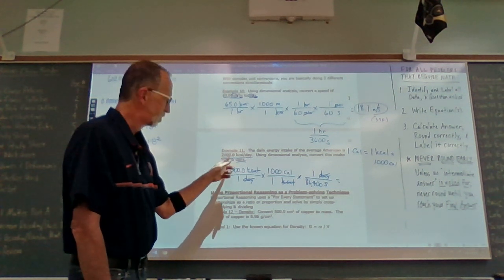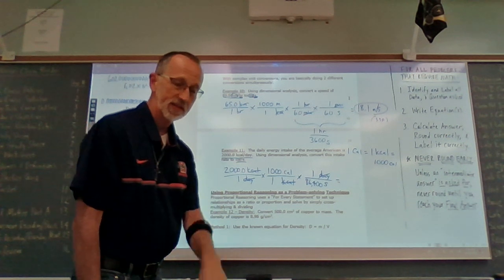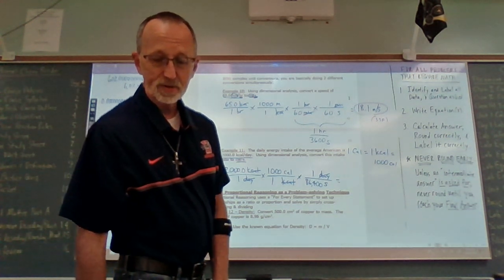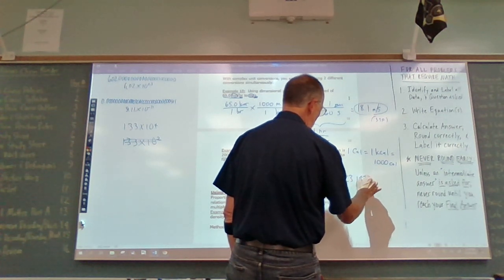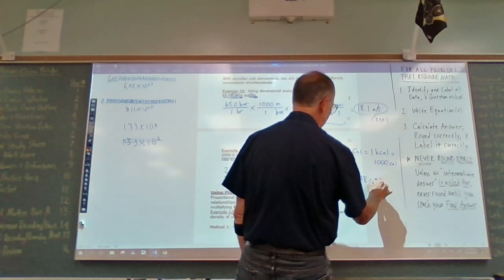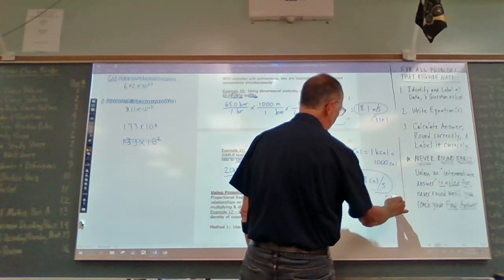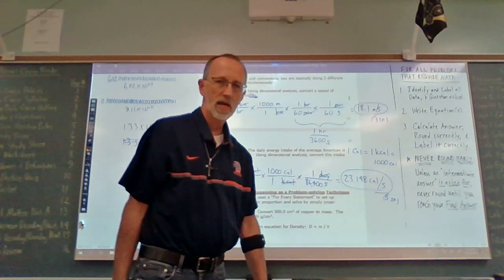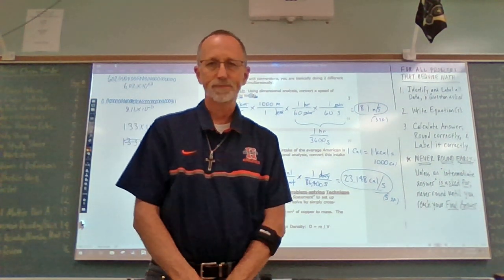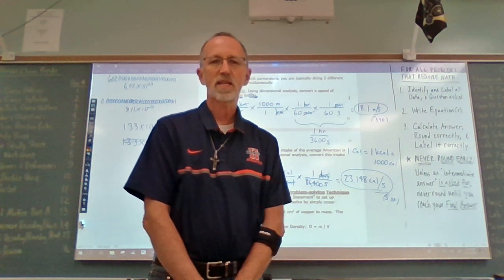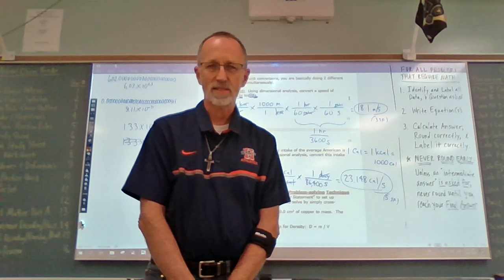So is that 2, so the 3 zeros in between those are also significant. So we got 5 sig figs. So that answer to 5 sig figs is 23.148 calories per second. So that is converting by dimensional analysis.